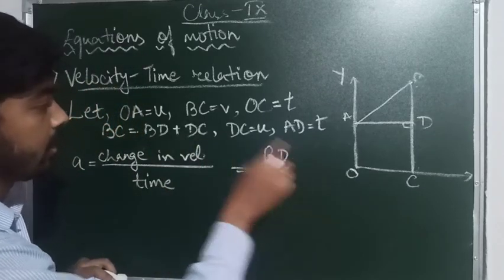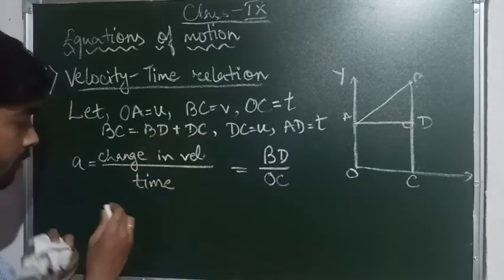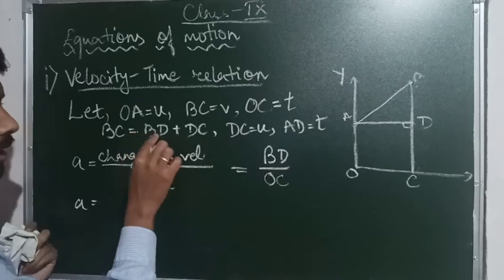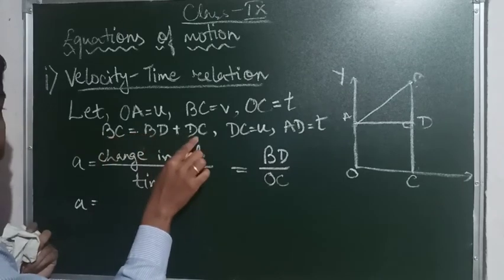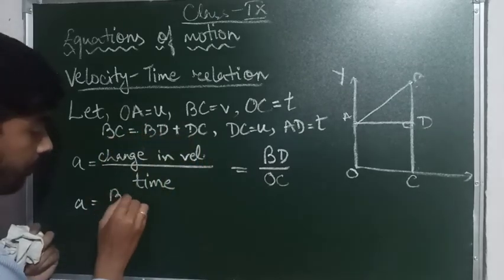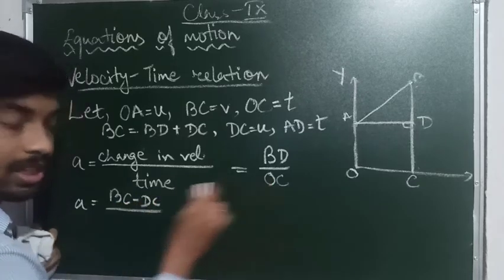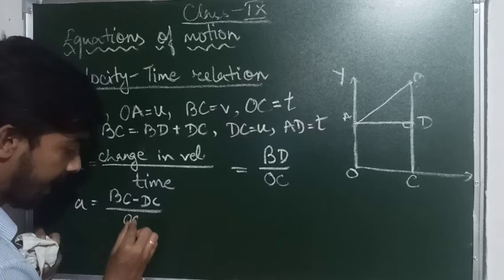So here it is BD, and from here we can write BD as BC minus DC, and we have OC as time.